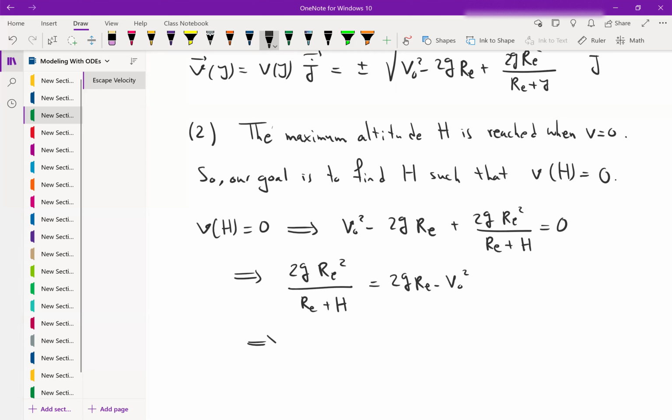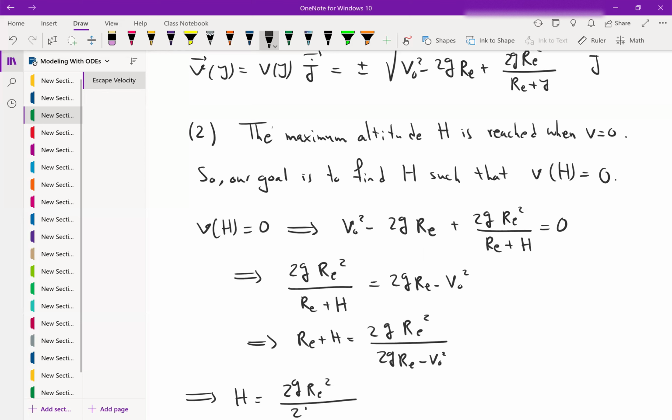So this tells me that re plus h is equal to 2g re squared divided by 2g re minus v0 squared. And this tells me that h is equal to 2g re squared divided by 2g re minus v0 squared, minus re. And I'm going to compute the common denominator.